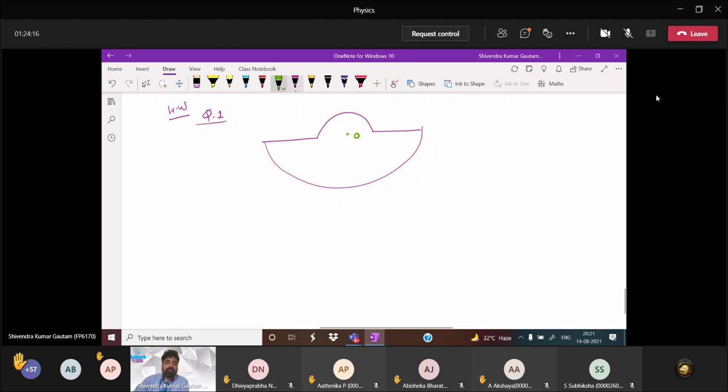I tried one day to make idli here, but it is not coming circular in shape. It is coming as some rectangle, pentagon, hexagon.